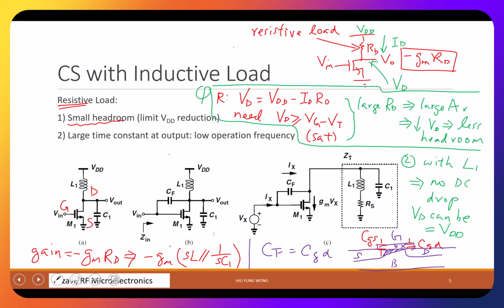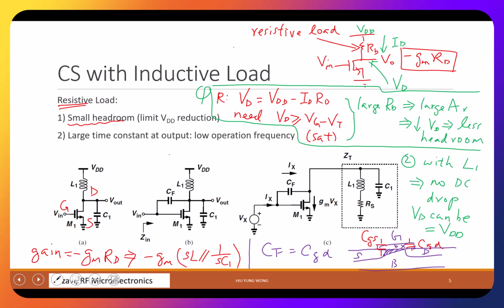This CF, which is the feedback capacitor, is due to the overlap of CGD. But don't worry, if we need it, we'll ask you to add it. I don't need you to know when you need to add the CF. Is this okay?